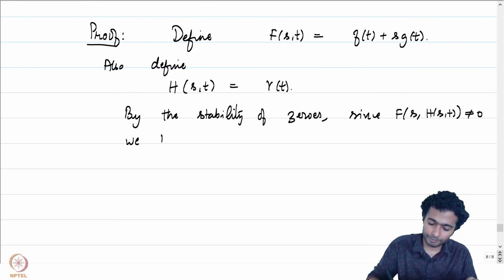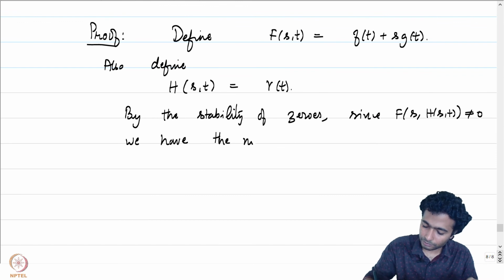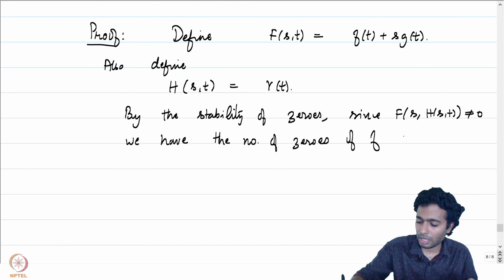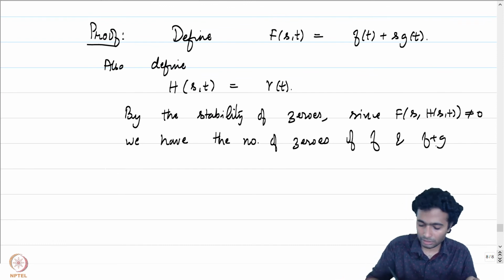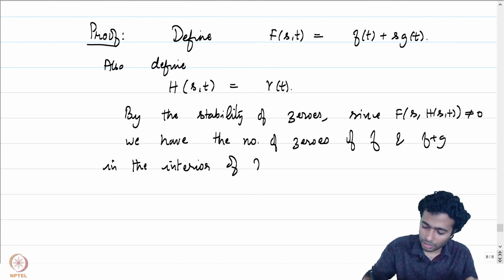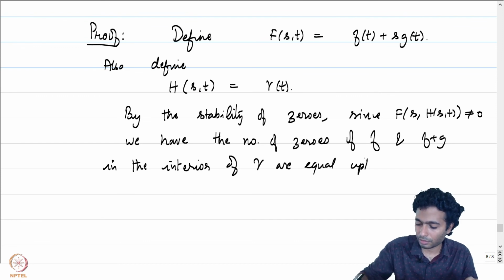We have that the number of zeros of f and f plus g in the interior of gamma are equal up to multiplicity.